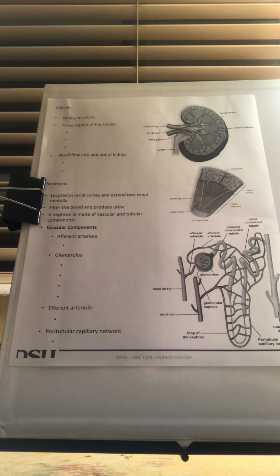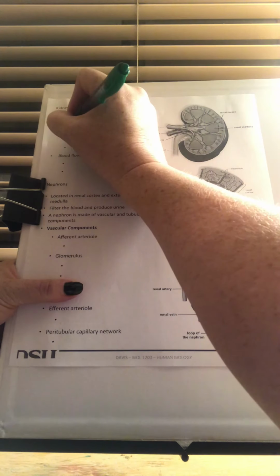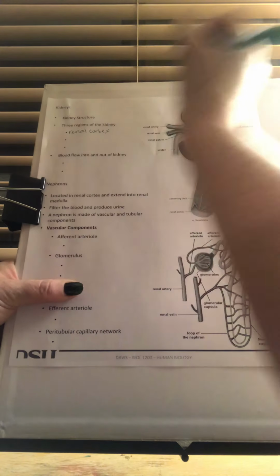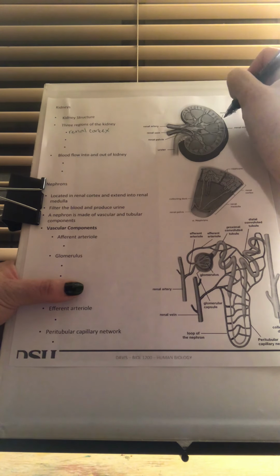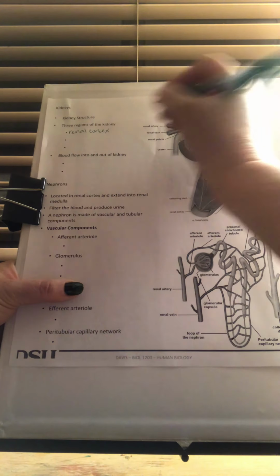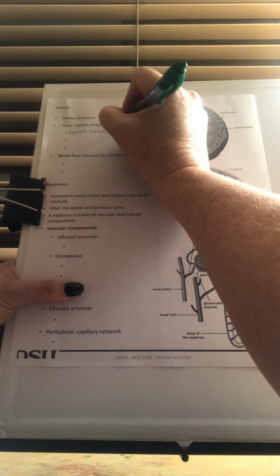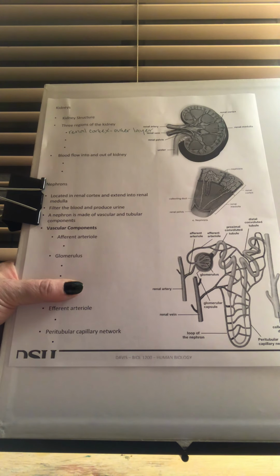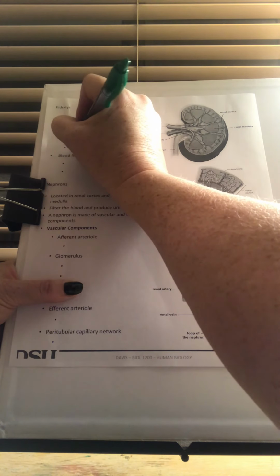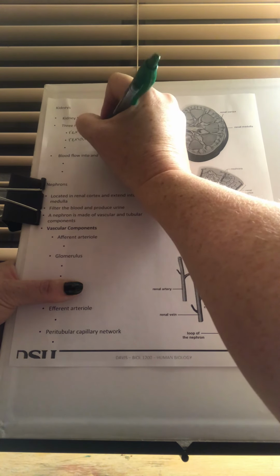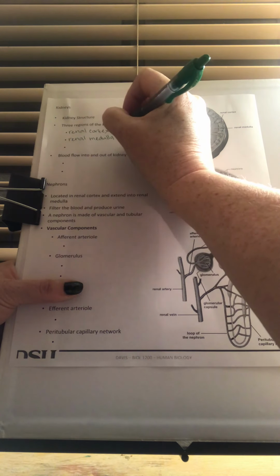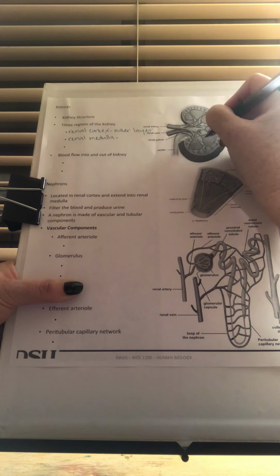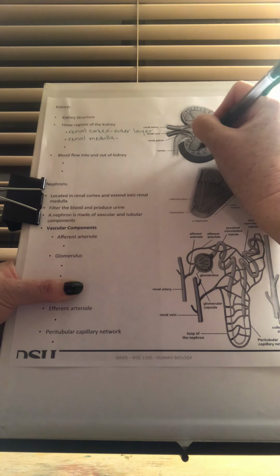There's three main regions of the kidney. You've got the renal cortex, and the renal cortex is this outermost layer. And then you have the renal medulla. And this is kind of these cone-shaped areas here.